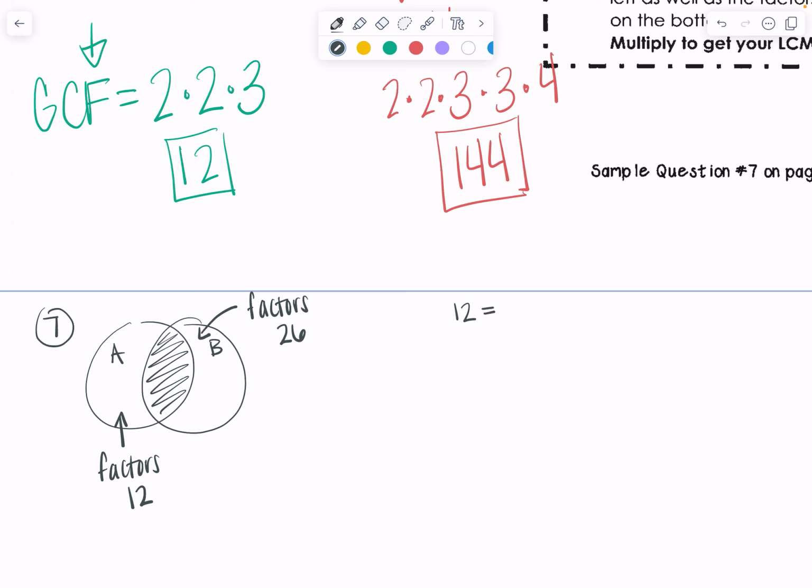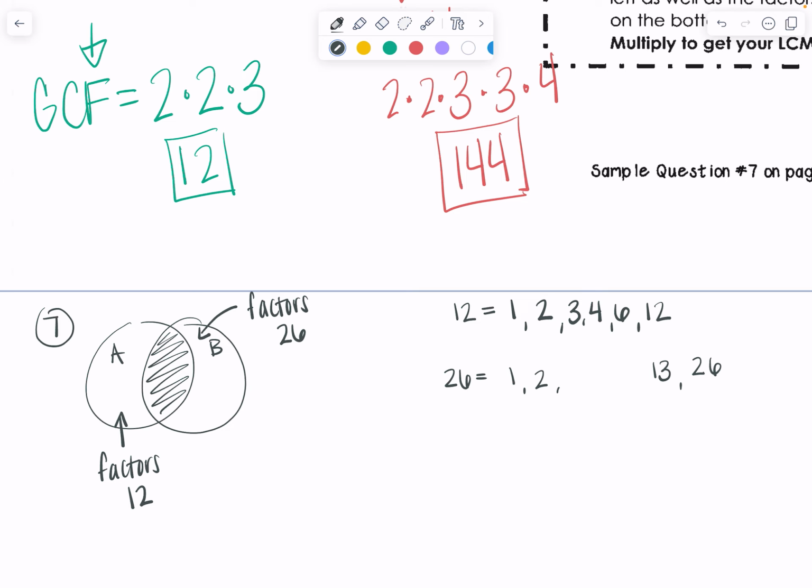So let's look at my factors of 12. I'm looking for what numbers evenly divide 12. I've got 1 and 12, because 1 times 12 is 12, 2 and 6, and then 3 and 4. Those are all my factors of 12. Factors of 26, I've got 1 and 26, and then 2 and 13.